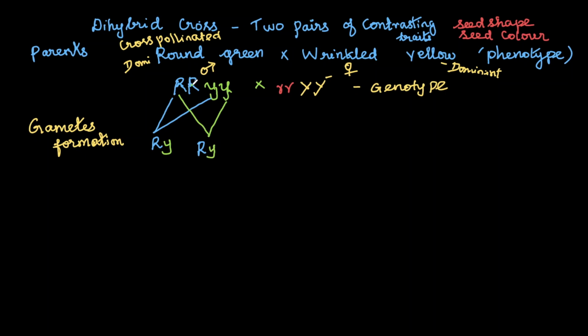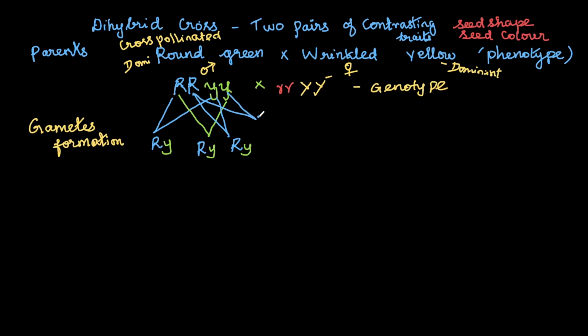Now the next chance is this capital R. I am taking this capital R and joining it with this y, so the gamete will be carrying capital R, small y. The same R I am joining with this small y.